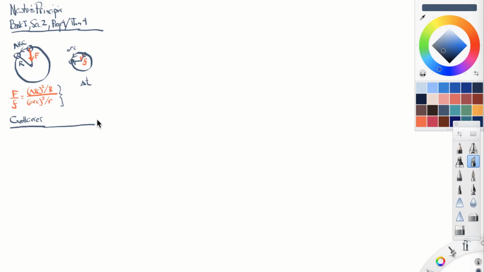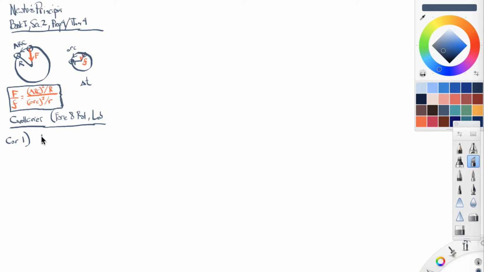Okay, having said that, let me go on to talk about the corollaries that Newton talks about in the context of Proposition 4, Theorem 4. These, by the way, are related to the lab experiment. So the force and rotation lab, we are going to be verifying some of these corollaries for rotating objects. So let me state what the various corollaries are. So first of all, corollary 1. All of these are dependent or based on this formula. And in fact, they're kind of different permutations of this formula.